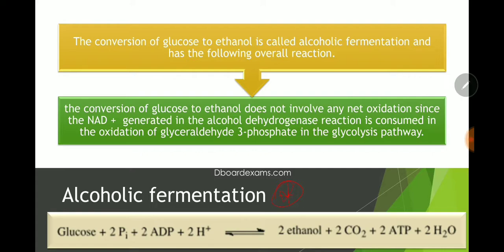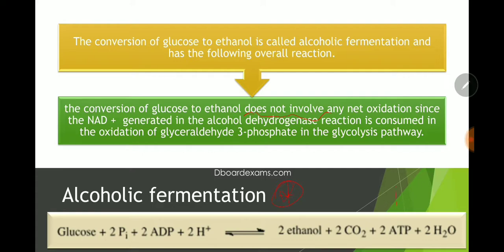And the conversion of glucose to ethanol does not involve any net oxidation, since the NAD+ generated in the alcohol dehydrogenase reaction is consumed in the oxidation of glyceraldehyde 3-phosphate in glycolysis. So make sure you remember that the conversion of glucose to ethanol does not involve any net oxidation.